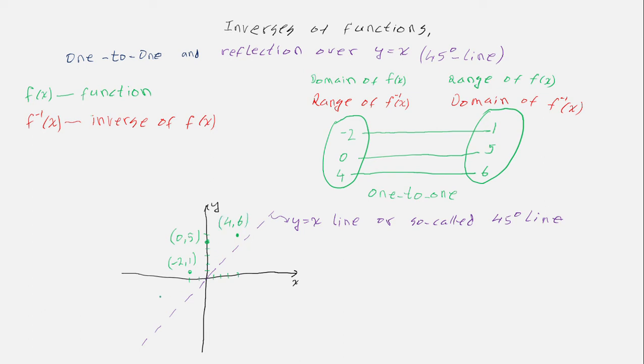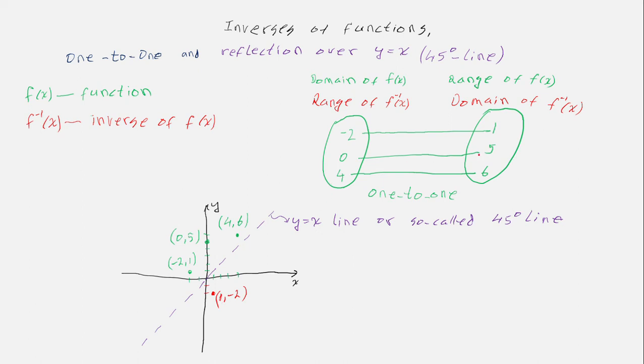Now let's graph the inverse of this function. Let's change color and graph these kind of backwards, right? So now the domain is 1, range is -2. So we have 1, -2. That will be right here. So this is 1, -2.